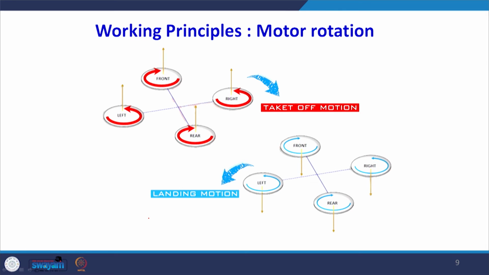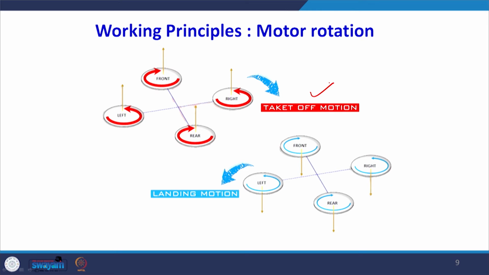So, if you see the quadcopter, it has 4 rotary wings and the rotation is shown here. When it is moving or taking off, how these wings are rotating has been shown in this diagram.